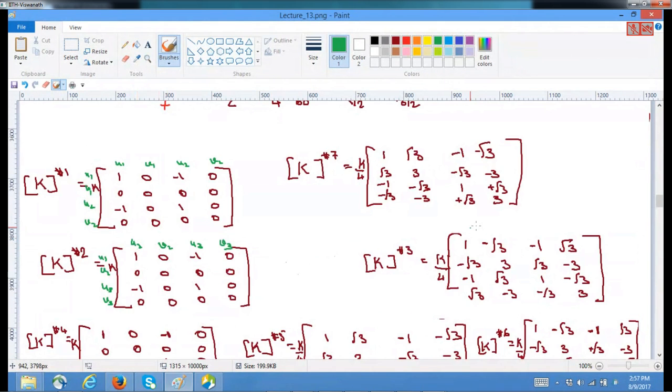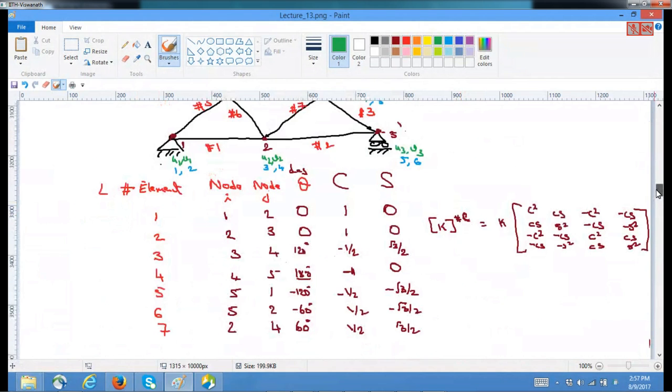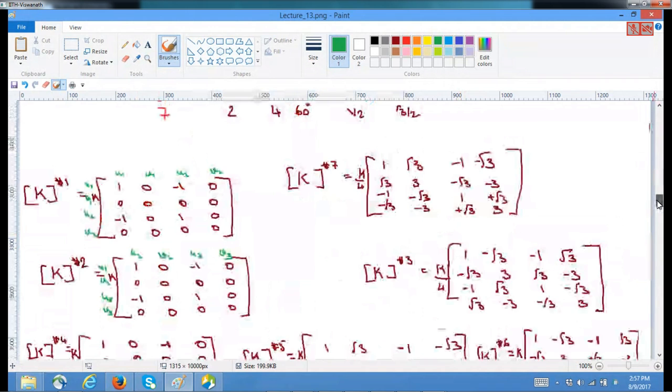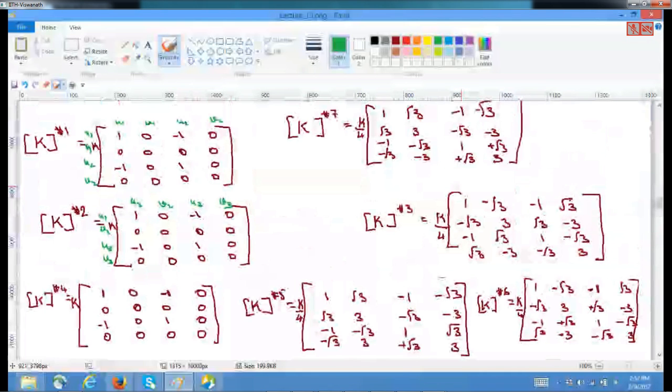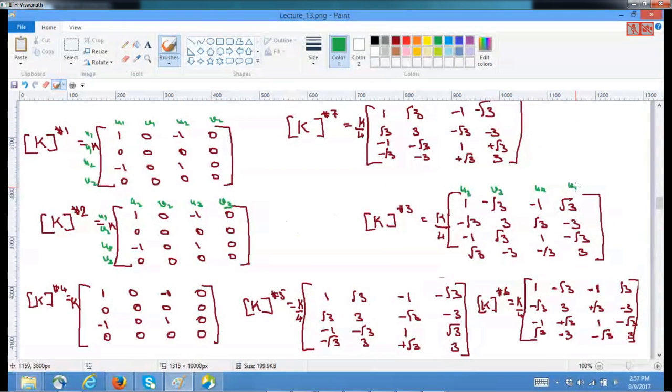For the third one, this is between 3 and 4, so it is U3, V3, U4, V4.